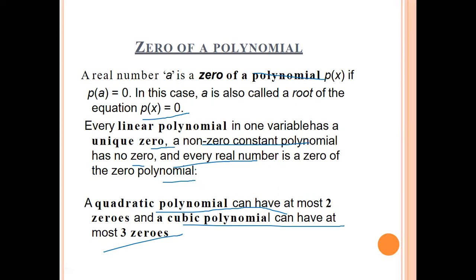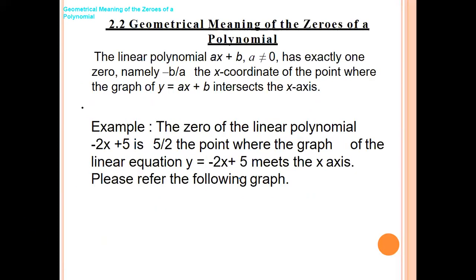Now the geometrical meaning of the zeros of a polynomial. The linear polynomial ax plus b, where a is not equal to 0, has exactly one zero, namely minus b upon a, the x coordinate of the point where the graph of y equals ax plus b intersects the x-axis.